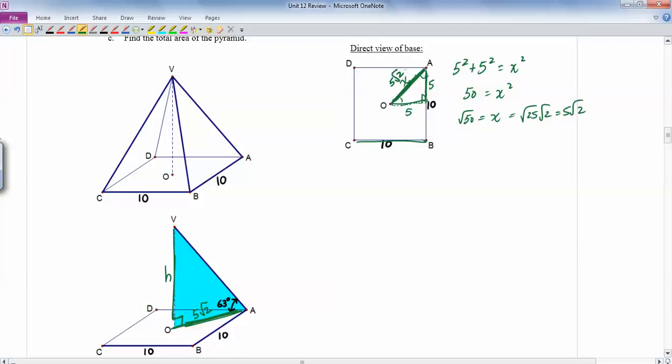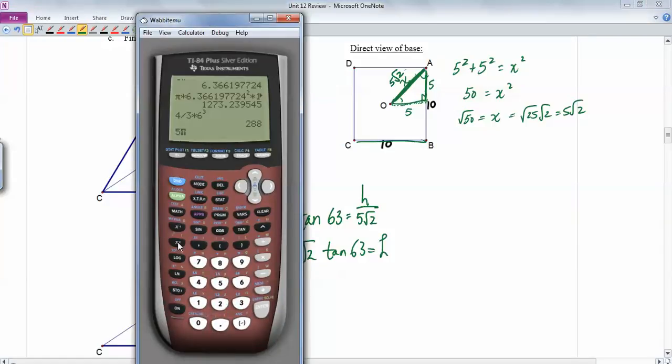To get h, it is the opposite side, and this is the adjacent side to the 63. So tangent of 63 is the opposite side over the adjacent side. If I multiply that 5 root 2 over, I will get the height of my pyramid. So let's see what 5 root 2 times tan 63 is. That doesn't make any sense. I know what it is.